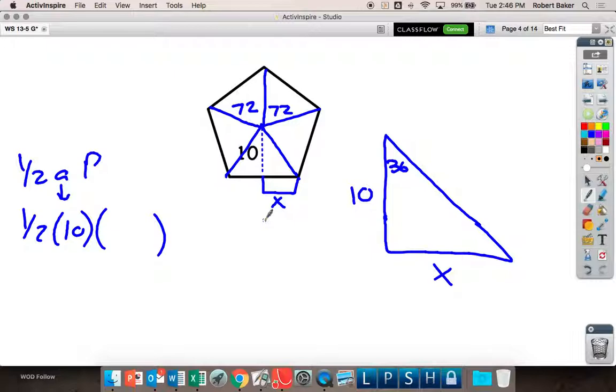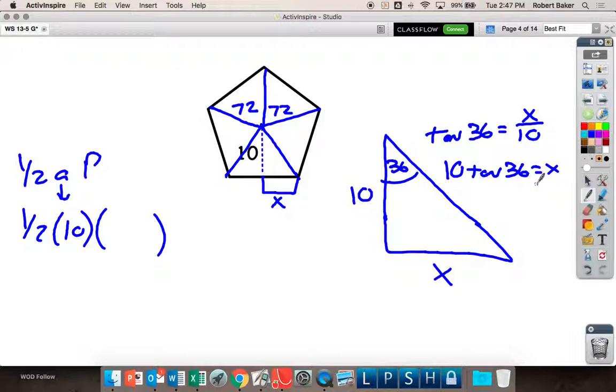So how do I calculate X? The tangent of 36 equals X over 10. What happens when there's a number on the bottom? So X is equal to 10 tangent 36. Right?